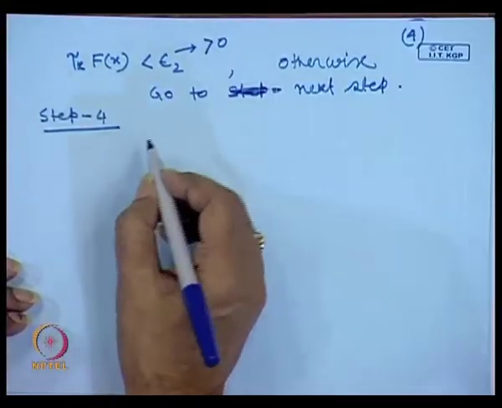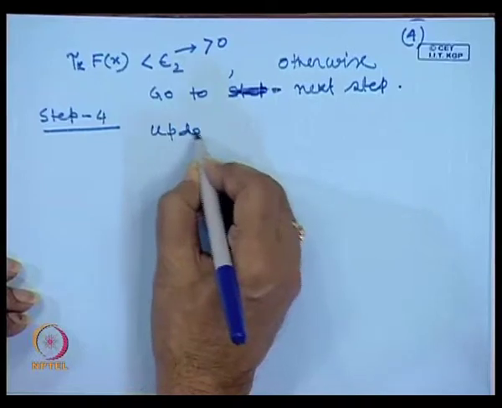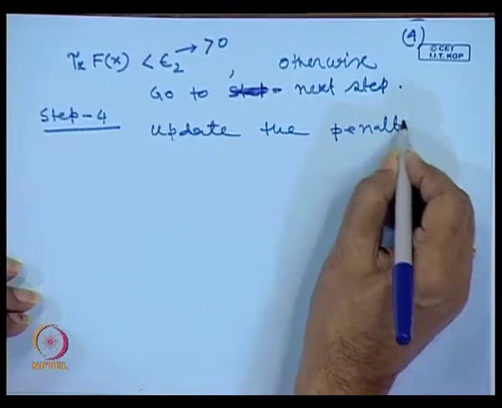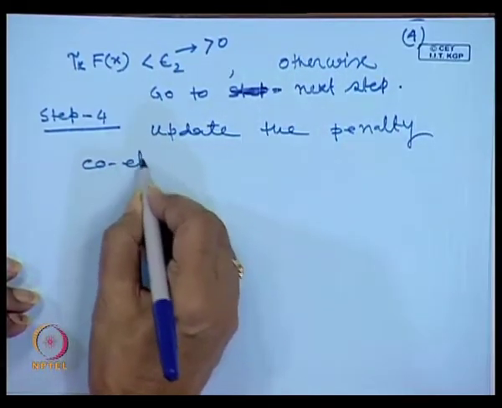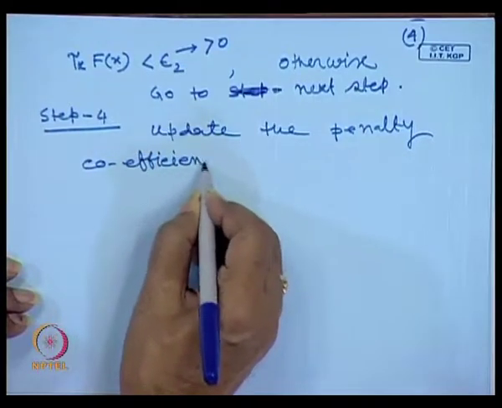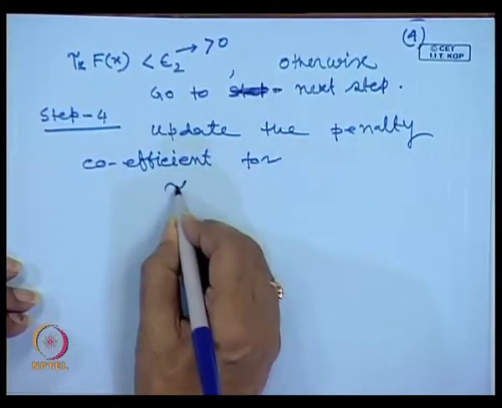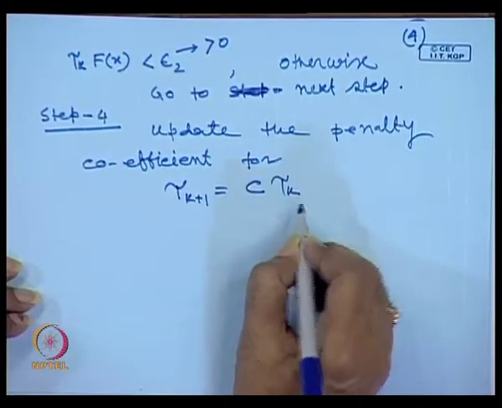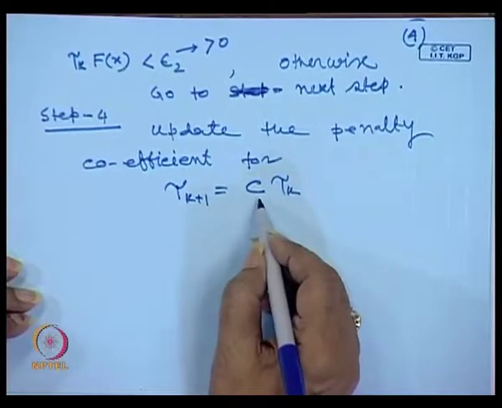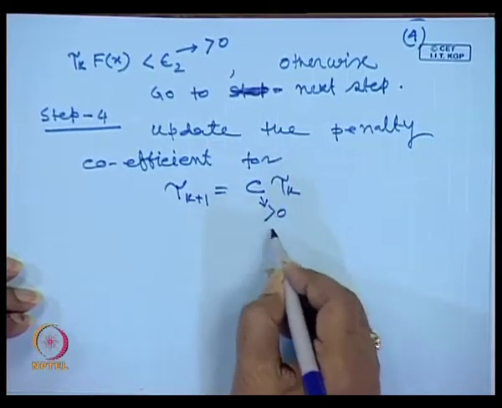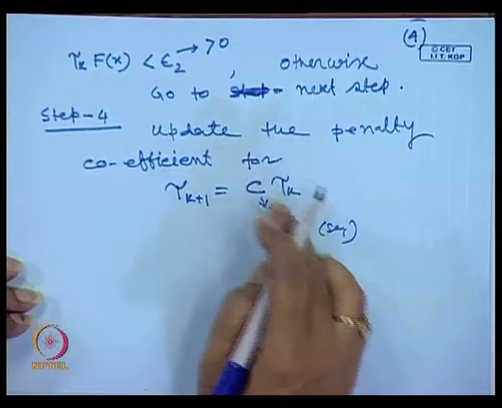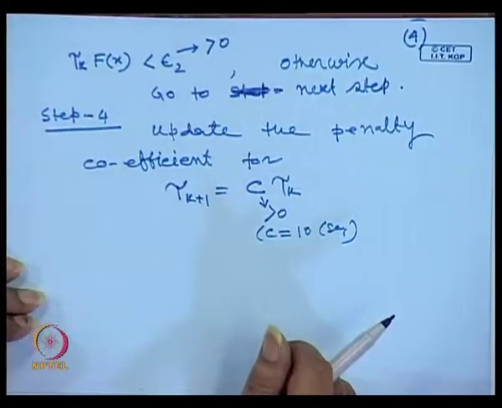So, what we will do now is update the penalty coefficient: tau k plus 1 is equal to c tau k. Tau k we have assigned earlier, you multiply by c whose value is greater than 0, we have assigned c as say 10. So, you multiply by 10 times and start the process once again. Okay.